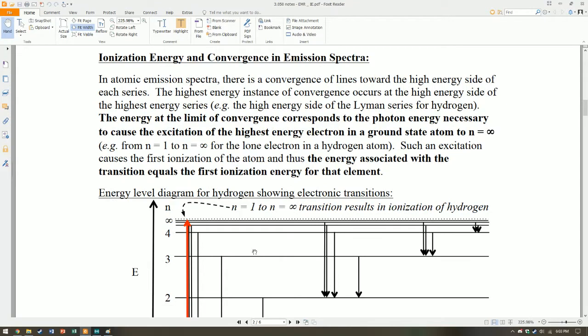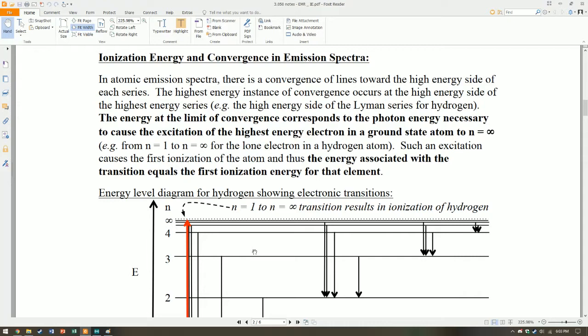In an atomic emission spectrum, there's a convergence of lines at the high energy side of each series. The highest energy convergence occurs at the high energy side of the electron. Remember how in the standard level video we talked about how the energy levels converge, like the electronic transitions converge to a single wavelength.